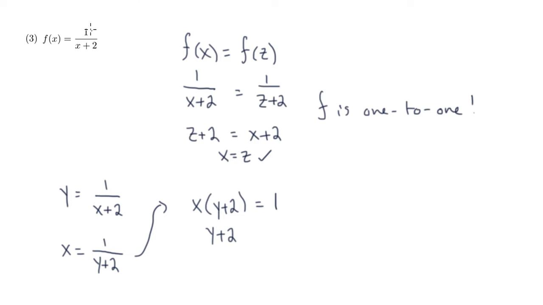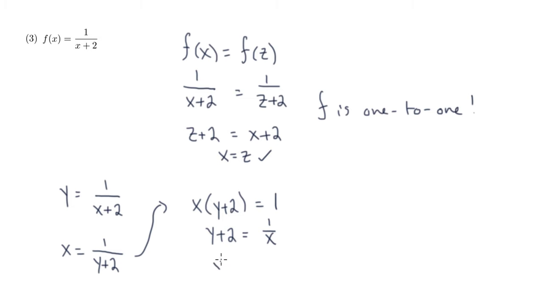And so the only way I'm going to be able to get 0 is if the numerator is 0, but the numerator is never equal to 0. So that's why it's actually okay that I'm dividing by x here. Because remember, x is going to be the input of my inverse function, meaning it's an output for my function. So 0 is not in the range of my function, so it's not in the domain of my inverse function.